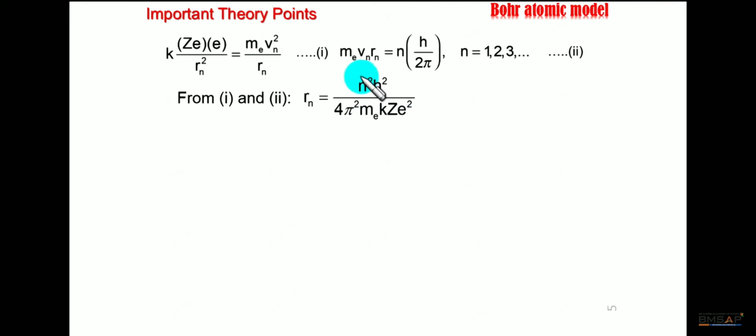We can write the constant values separately in a bracket. n is a variable, the number of the orbit, and Z is also a variable, depending on the atomic number.